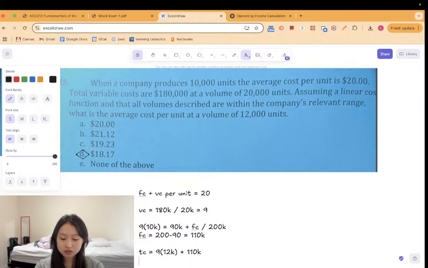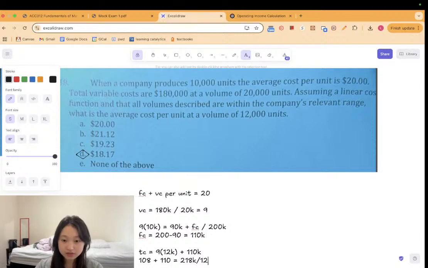So 9 times 12 is 108, so 108 plus 110k is equal to 218k. Now if you do 218k divided by 12k, you end up with 18.16 repeating, which is D. And that's your answer.